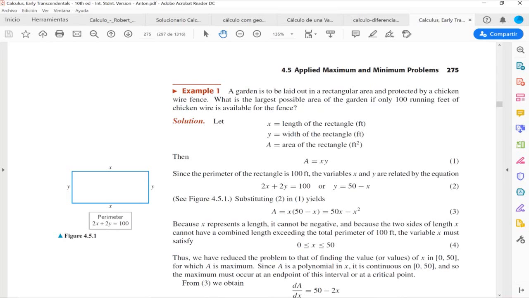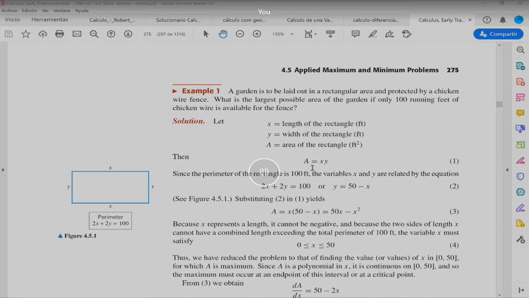Read please, example 1. A garden is to be laid out in a rectangular area and protected by a chicken wire fence. What is the largest possible area of the garden if only 100 running feet of chicken wire is available for the fence? Then you have a rectangular area where there is a garden, and a fence, so that the chickens do not go into the garden.